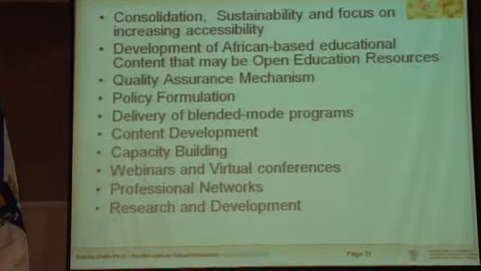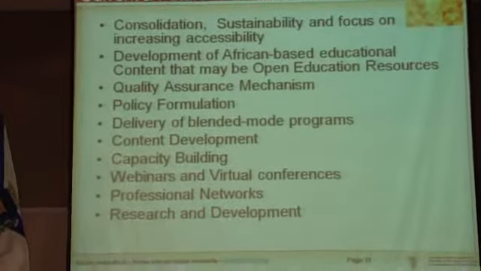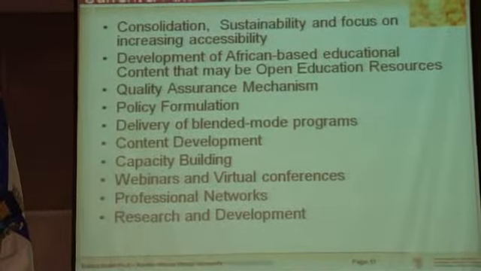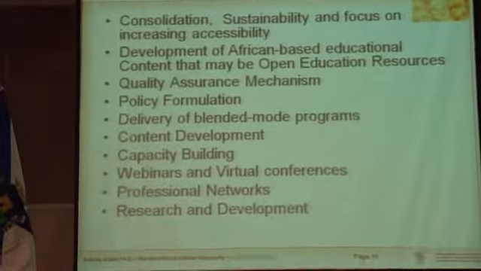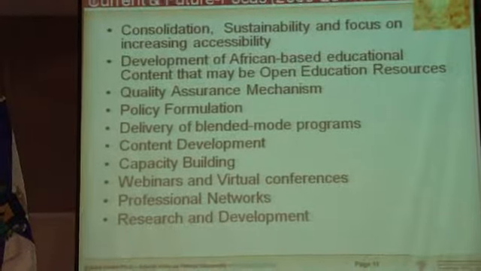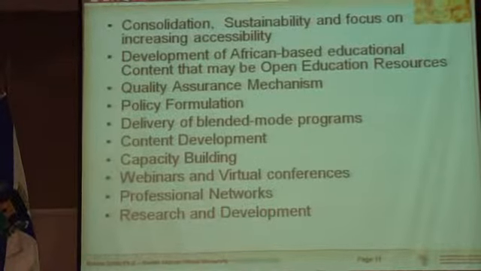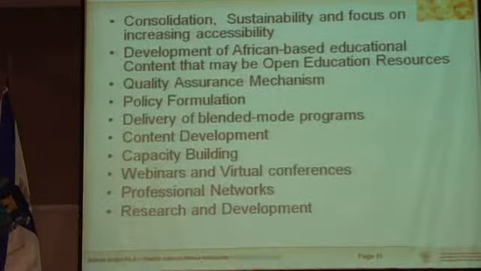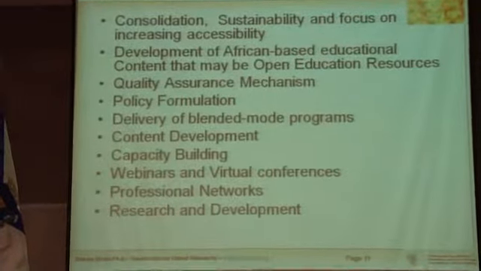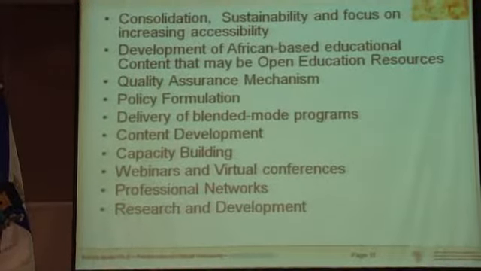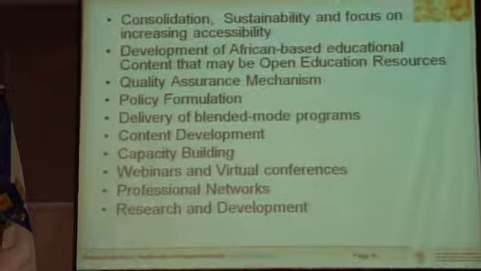For ABU, we have different objectives because of different challenges. One of the challenges is consolidation, how to move ABU from being a project created by the World Bank in Washington, D.C., to making it a true African weapon of mass instruction, as Ephraim said.